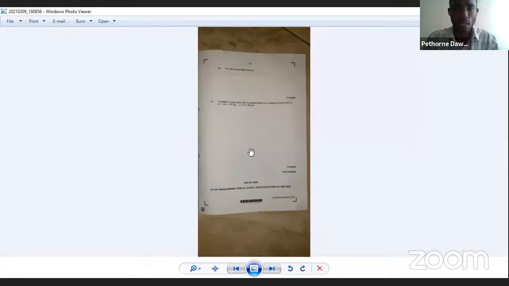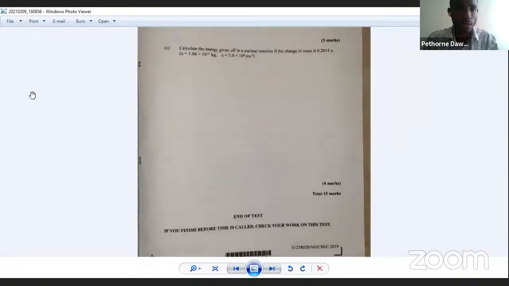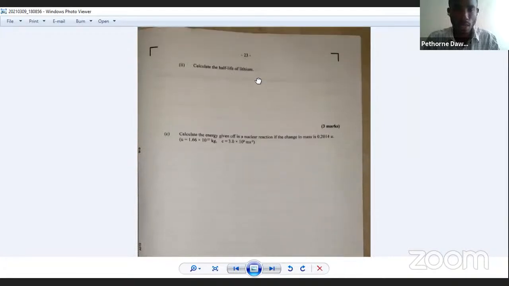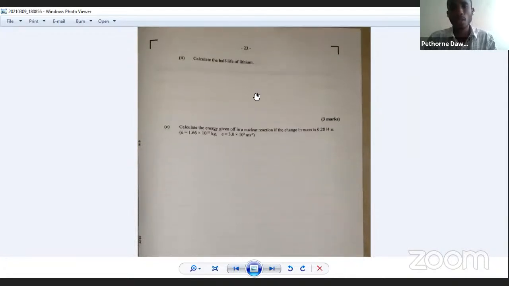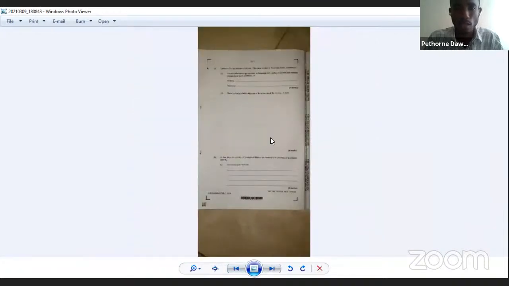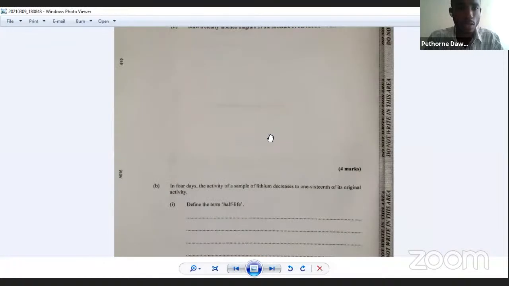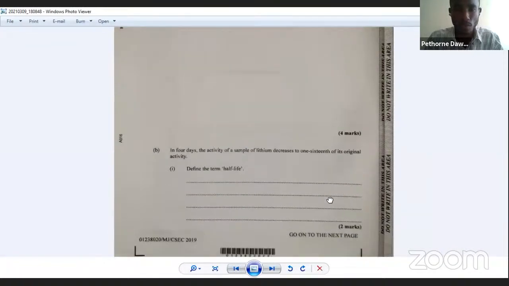All right, and the last part of that question, calculate the half-life of lithium. Now, the straightforward way of doing this is to look at how many half-lives have expired by reducing it to that value. All right, there's an equation. I'm trying to recall the correct equation.